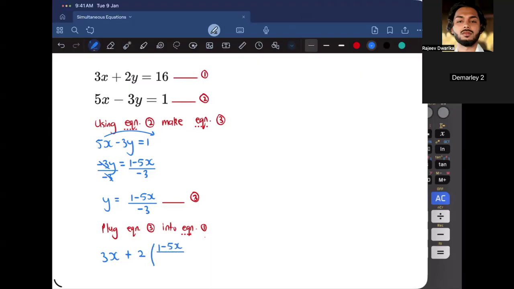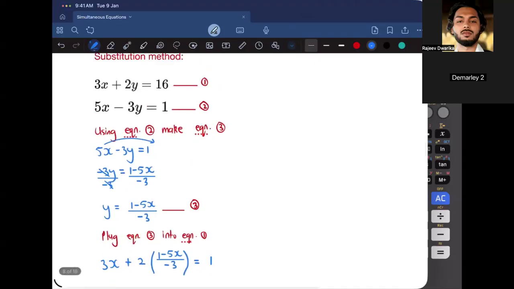And that will be equal to 16, because we used equation 2 to make equation 3, so we use equation 1.